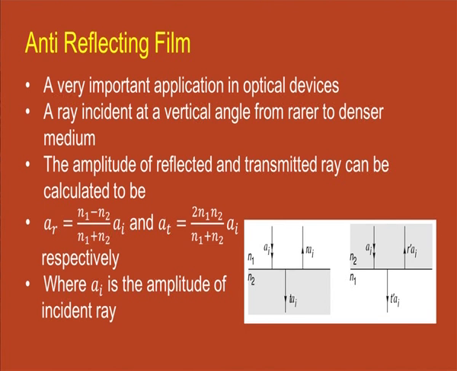Now, if we want to find the amplitude of the reflected and transmitted ray, then we can show that the amplitude of the reflected ray can be denoted by AR is equal to (N1 minus N2) divided by (N1 plus N2) into AI. Similarly, the amplitude of the transmitted ray can be denoted as AT is equal to 2 N1 divided by (N1 plus N2) into AI, where AI is the amplitude of the incident ray.